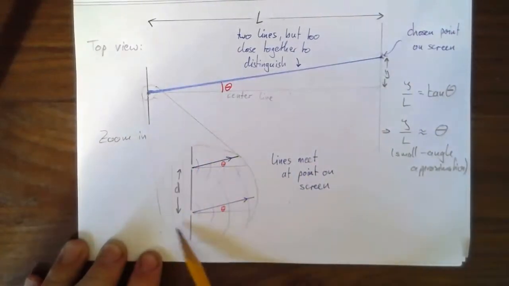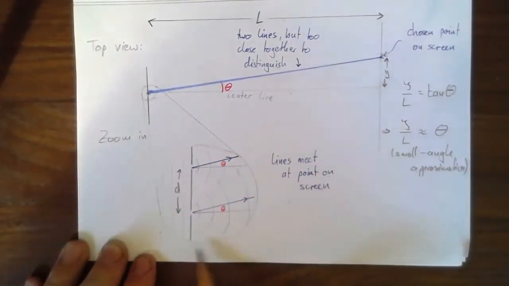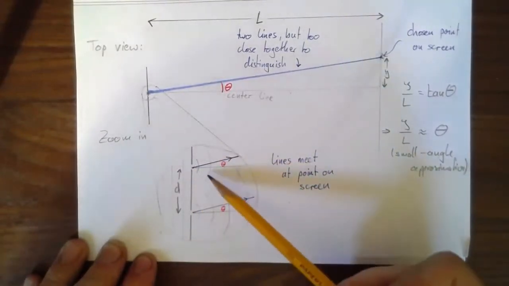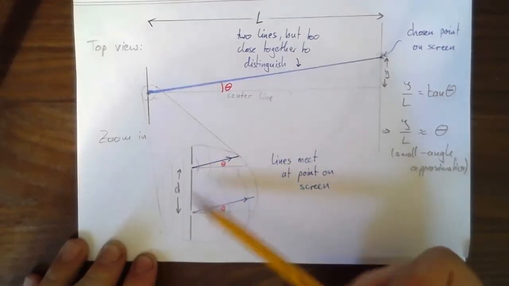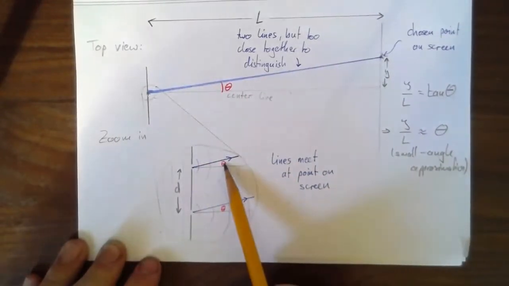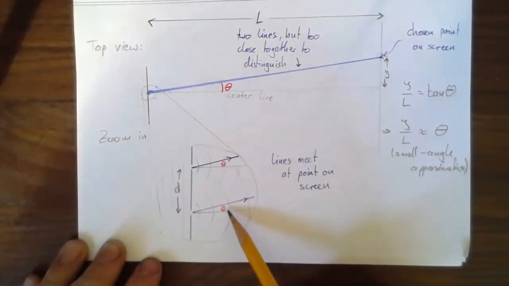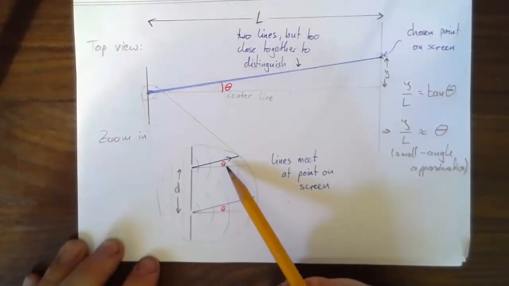This is maybe a millimeter in diameter, so they meet really, really far away compared to the separation of the holes. So those two angles are technically not exactly the same, but they're really darn close to being the same.